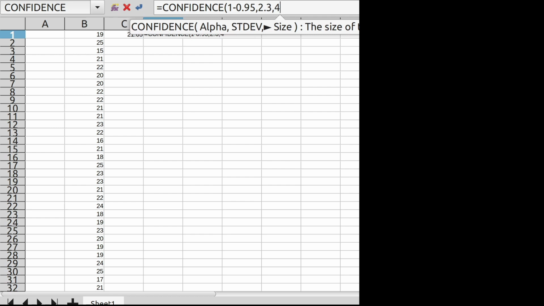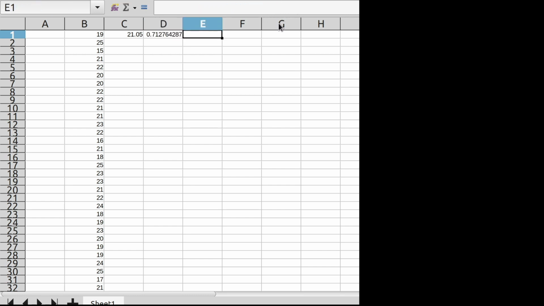And then an n, the number of samples I had. So if we put it all together here, I have my confidence, 1 minus my confidence value as a decimal, the population standard deviation, and the number of samples. And there I get 0.71, right? We rounded to 0.7.